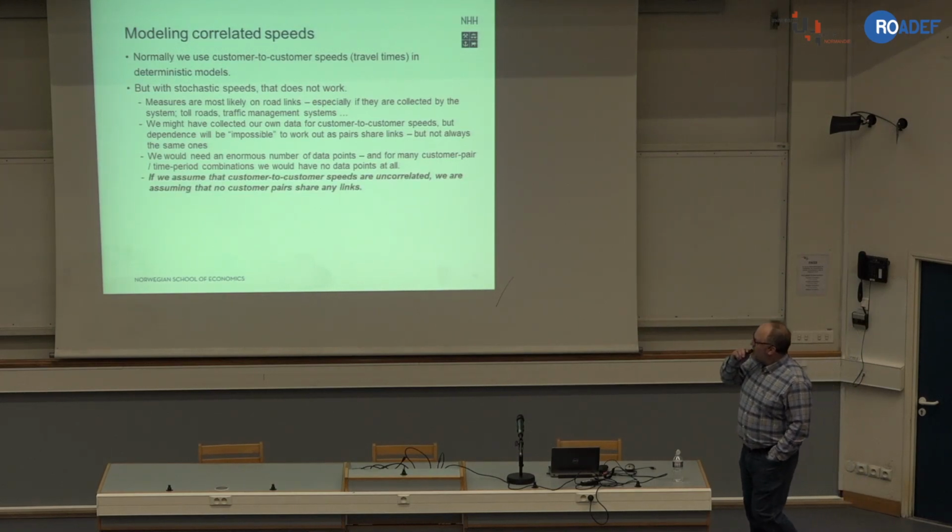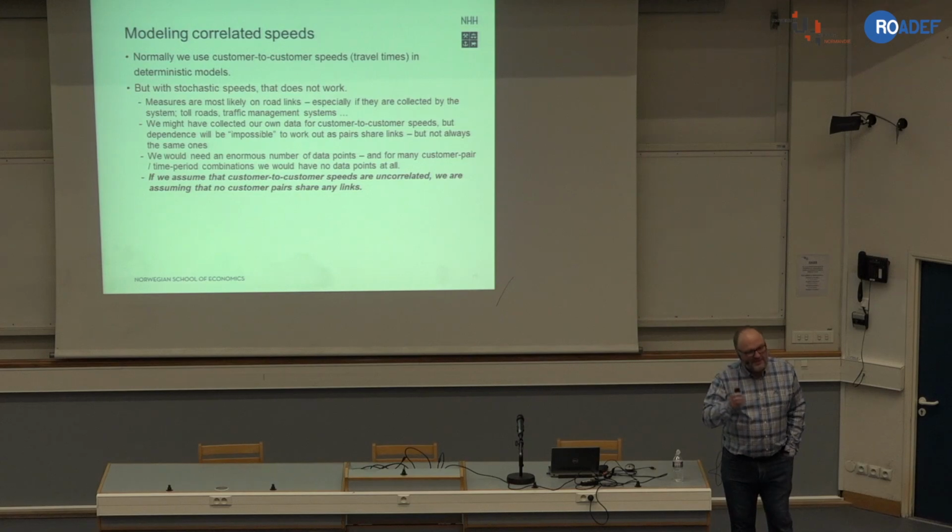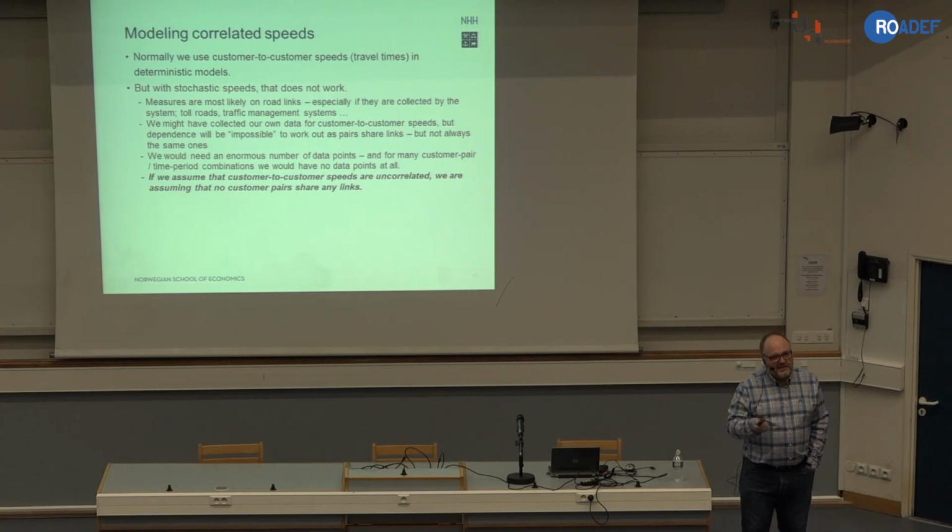So there are all sorts of issues if you want to walk down that lane. But I think this is the most important one, and this is why we decided we're not going to go down that road with a customer node network. There are a few papers that say, okay, let's assume that the travel times between every pair of customers are uncorrelated or independent.